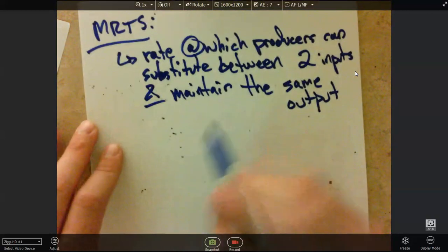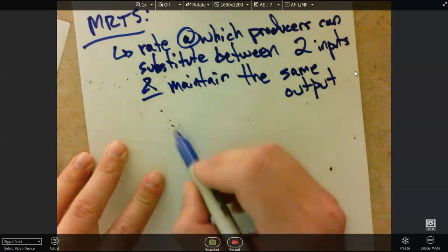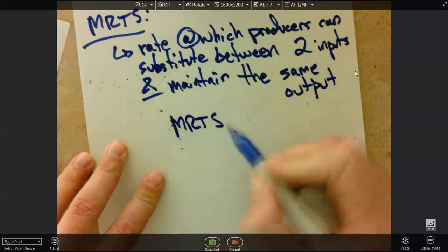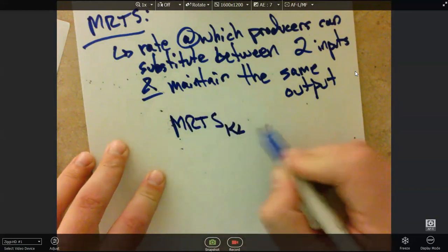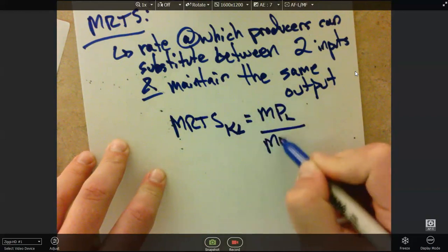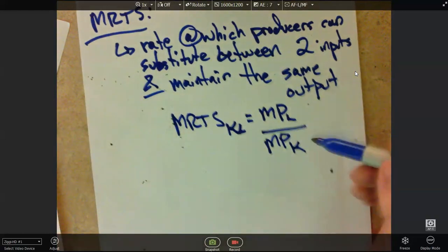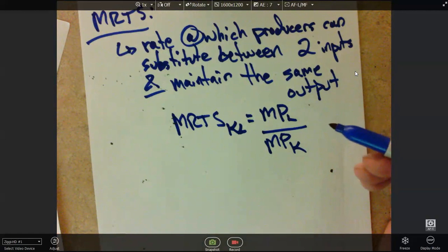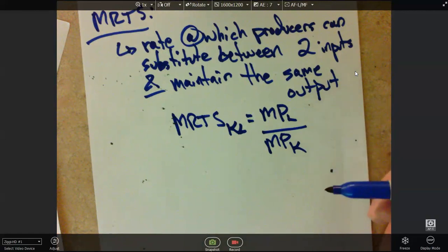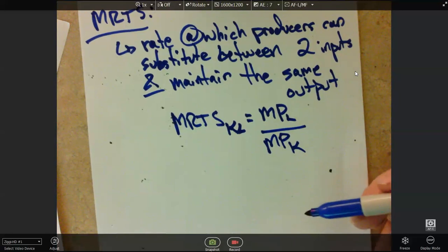We did some questions about this in class on Wednesday last week. We know that the marginal rate of technical substitution between capital and labor is equal to the marginal product of labor over the marginal product of capital. If it's either a linear or a Leontief function, who remembers what a Leontief function is? It's the minimum of the two, right?